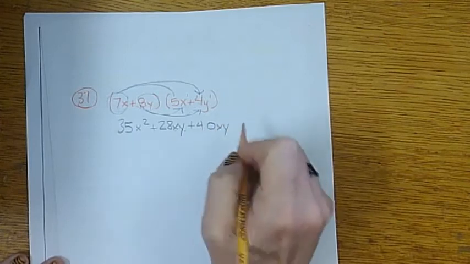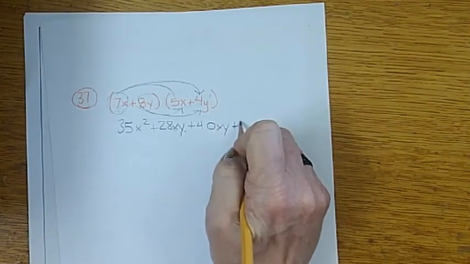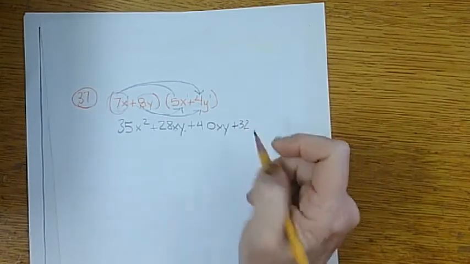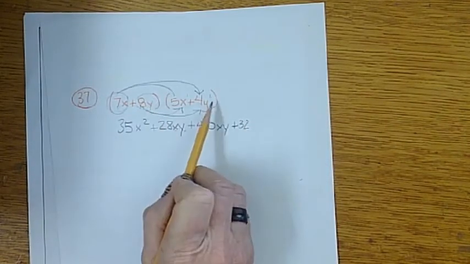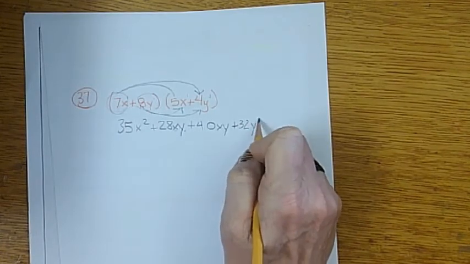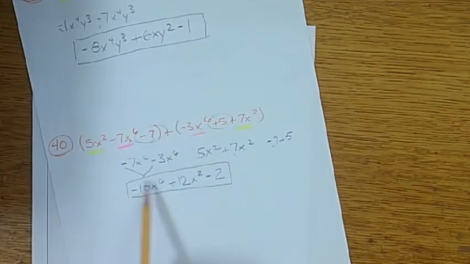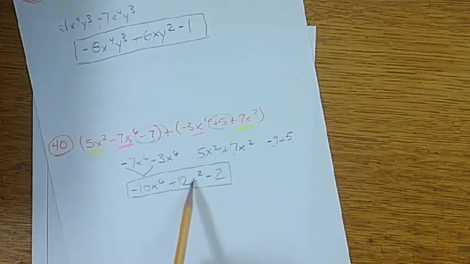So 8 times 4 would be 32. Okay, and then I have a y1 and a y1, so how many y's do I have? Remember, you add them, that would be y to the second. Okay, so now at this point, we are where we were at in the other one. So what we're looking at is we have adding and subtracting, and we look to see if any of them have like terms, okay?